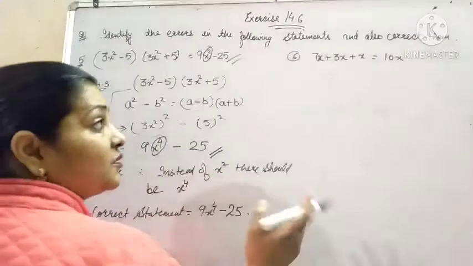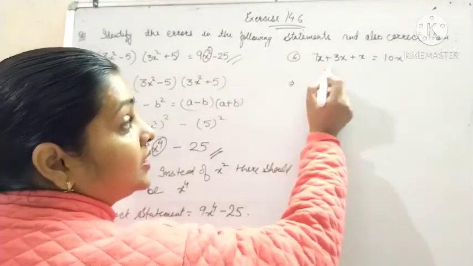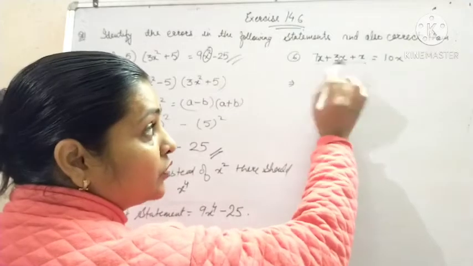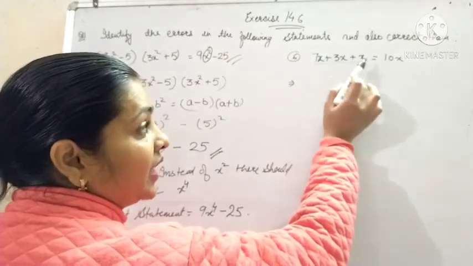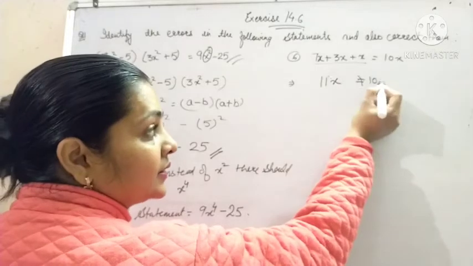Question number 6 is very easy. You can solve it in just one step. Just you have to add the like terms. All are like terms over here. So it will be 7 plus 3, 10, 10 plus 1, 11x, which is not equal to 10x.